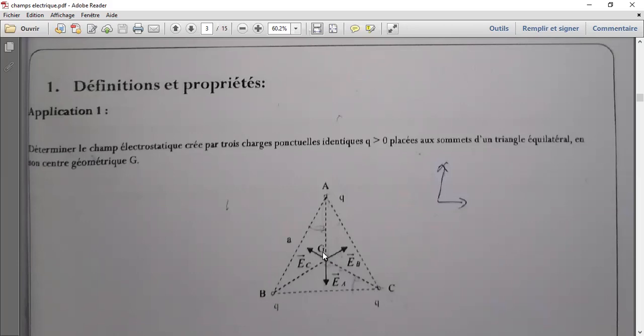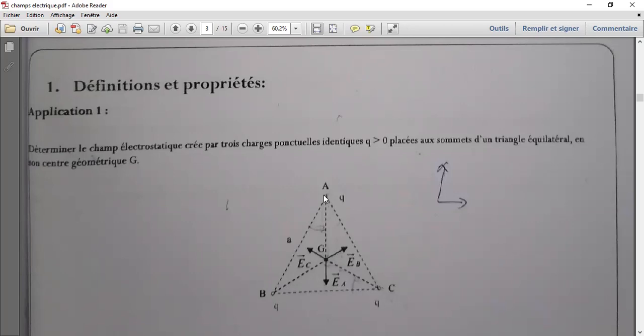So for me to calculate its champ electric, I have to calculate the champ which is created by B, the champ which is created by C, and the champ which is created by A. Then after that, the principle of superposition, the principle of additivity, comes in.